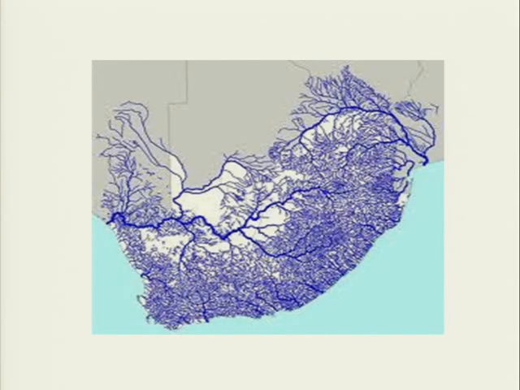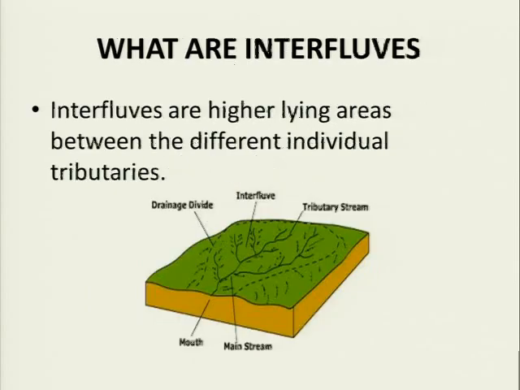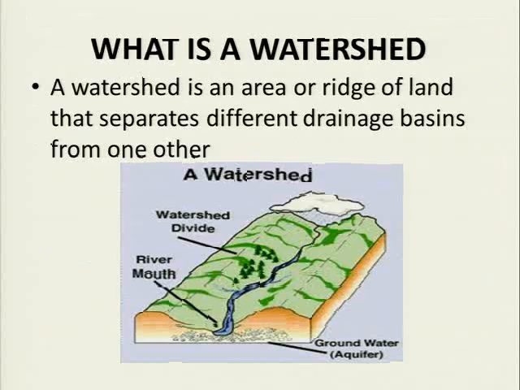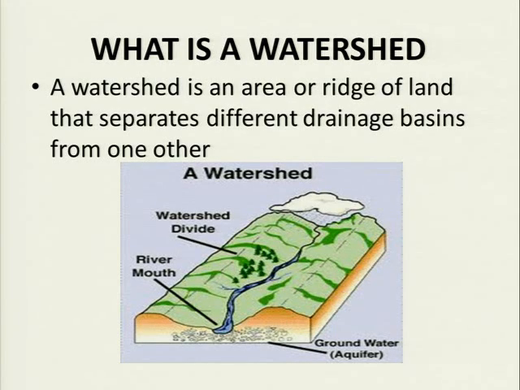We also call it the escarpment. And that separates one drainage basin from another drainage basin. Meaning that the total drainage basin of one river, say for instance the Vaal River, is divided from the total drainage basin of another river, which can be the Orange River, by a watershed. It sheds the water into two different sides or two different parts.